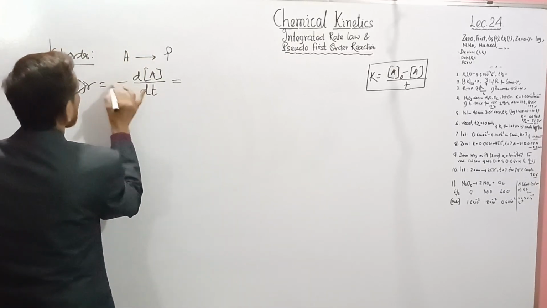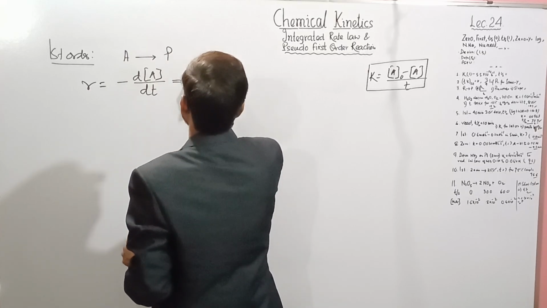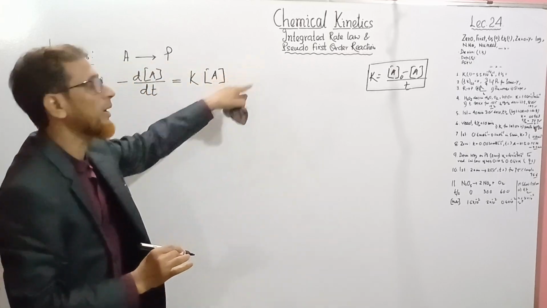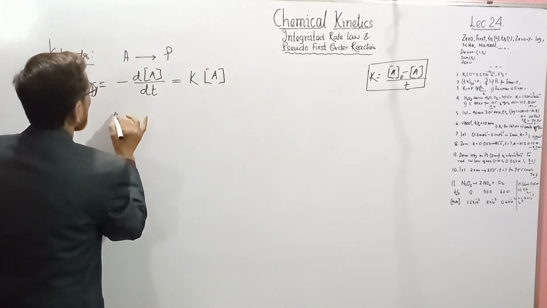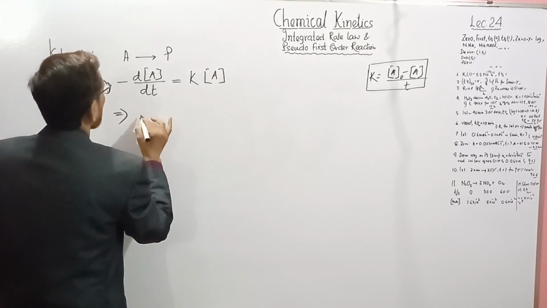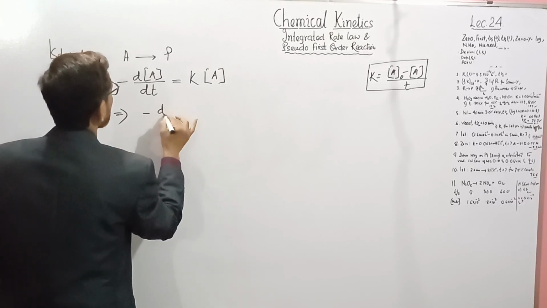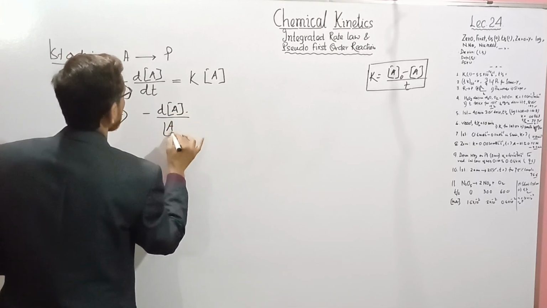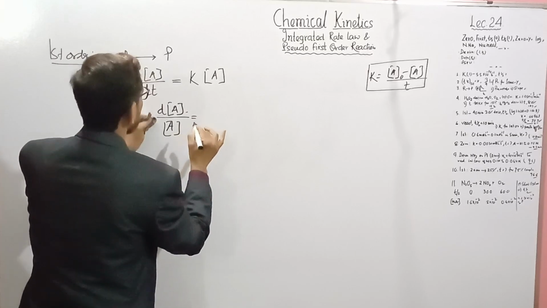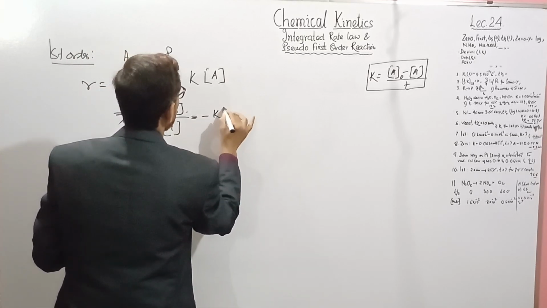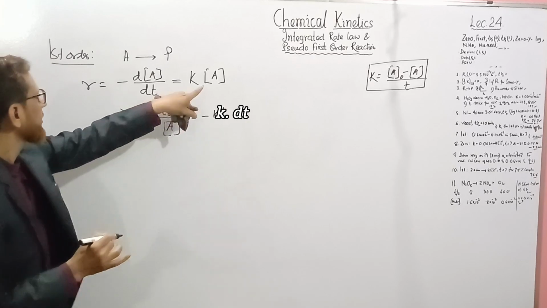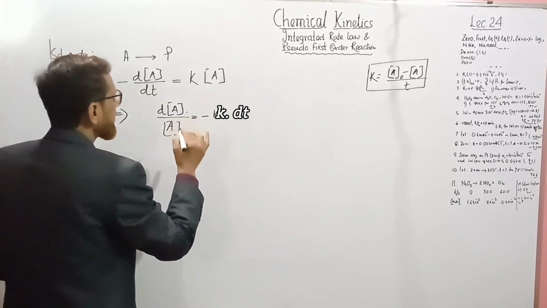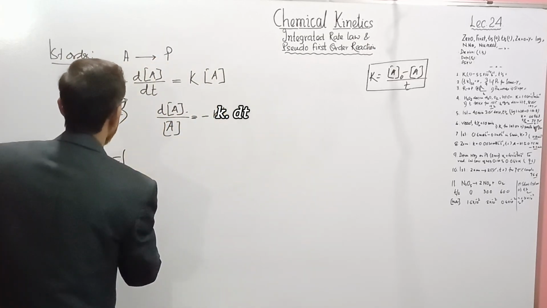You can write the rate is equal to this, and this is equal to K times the rate expression, the concentration A. Since it is a first order reaction, the power will be 1. So if you arrange it, we take dt here, so dA by A is equal to minus K dt. On integration, what do we get?